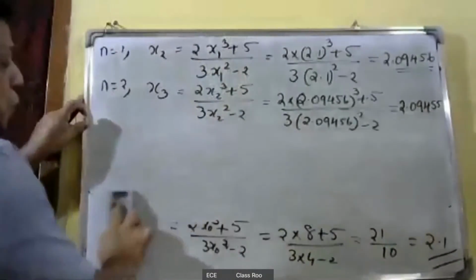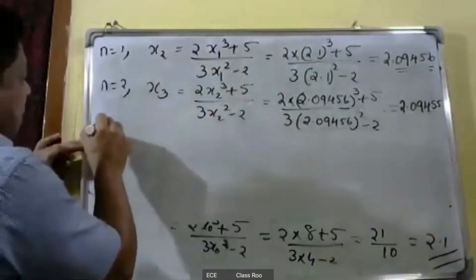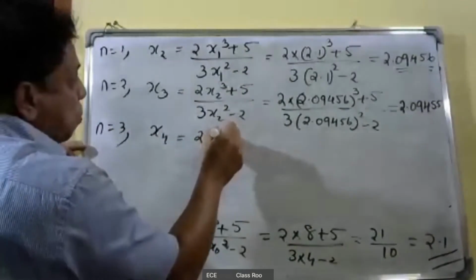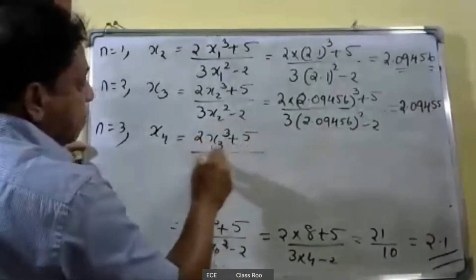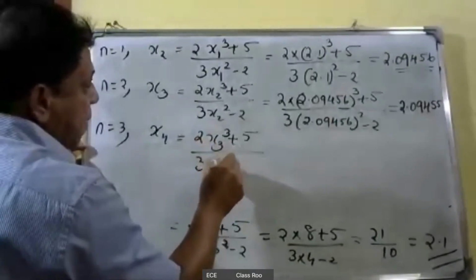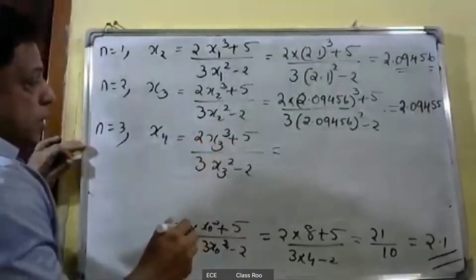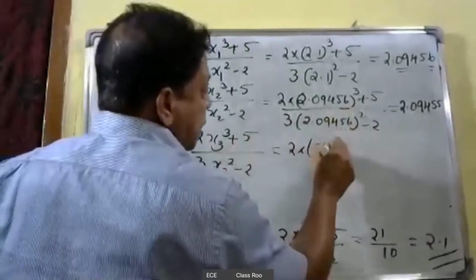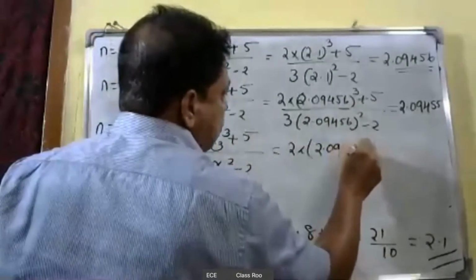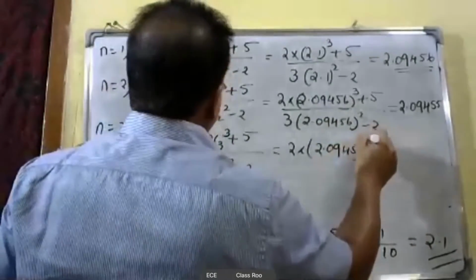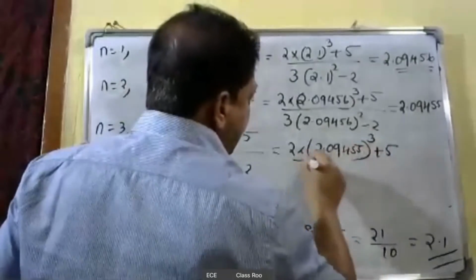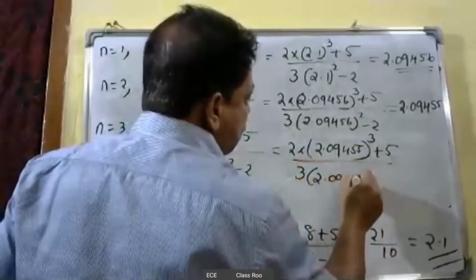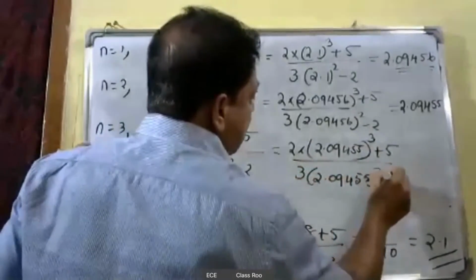Put n is equal to 3. When n is equal to 3, x4 is equal to 2x3 cube plus 5 divided by 3x3 square minus 2. That is 2 into x3 is equal to 2.09455 whole cube plus 5 divided by 3 into 2.09455 the whole square minus 2.